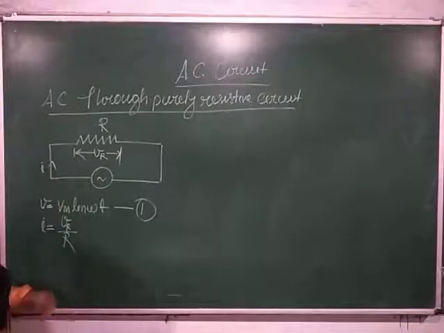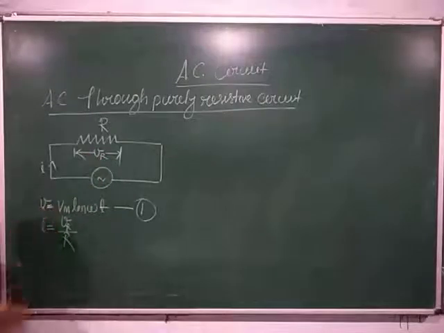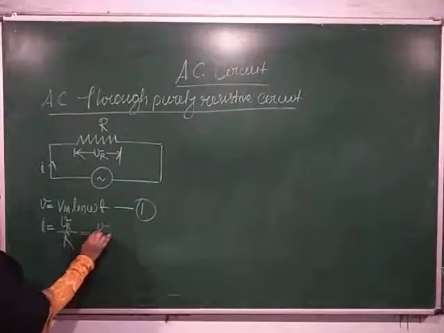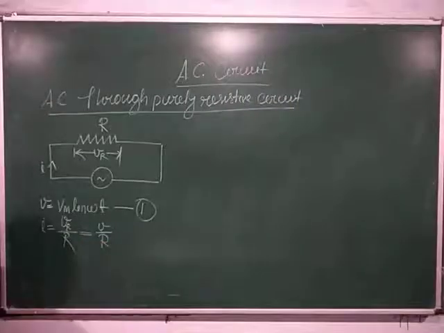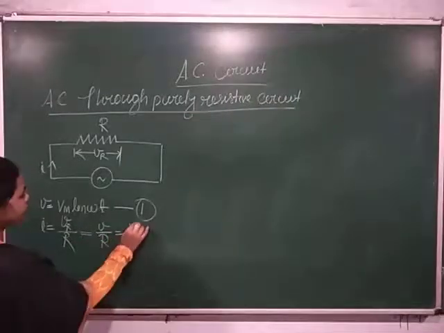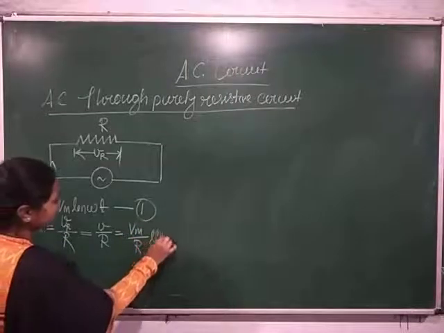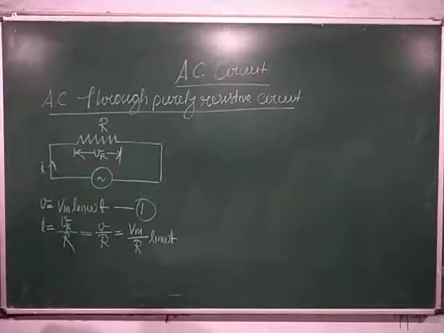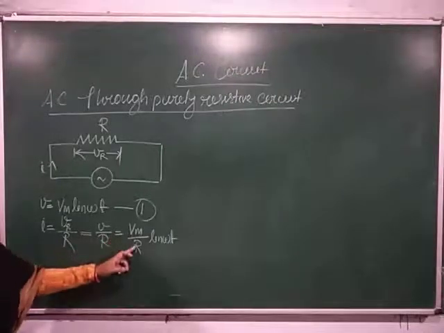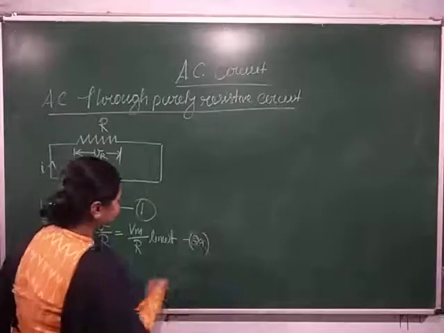As this voltage drop is equivalent to the supply voltage, I may write i = vR by R, the instantaneous value of supply voltage by R, or you may write it as Vm by R sin omega t. What is Vm by R? Take it as equation number 2a.